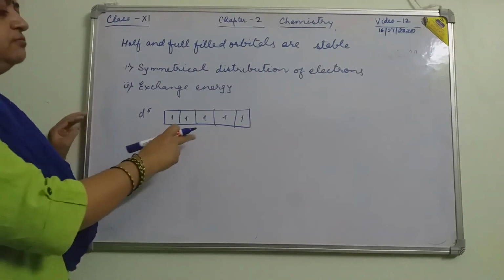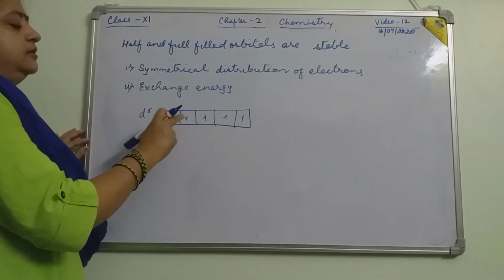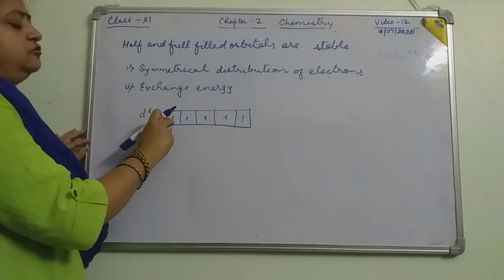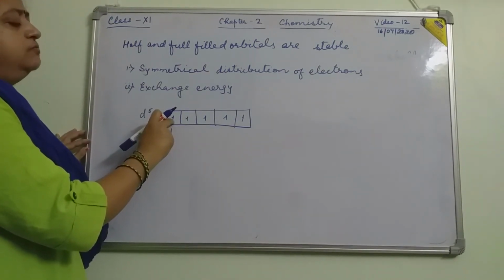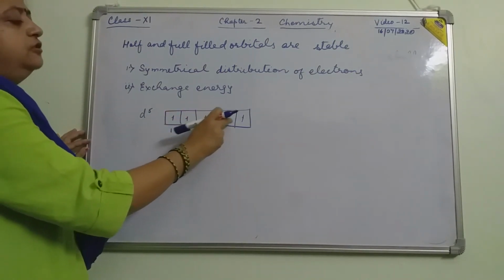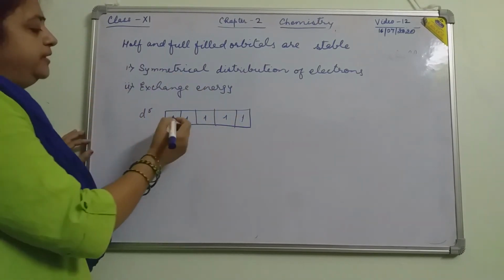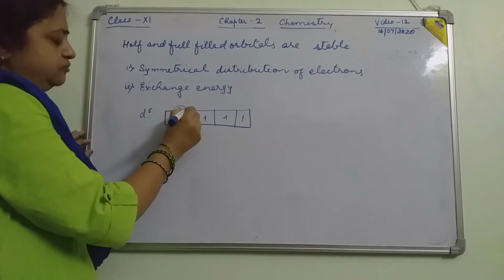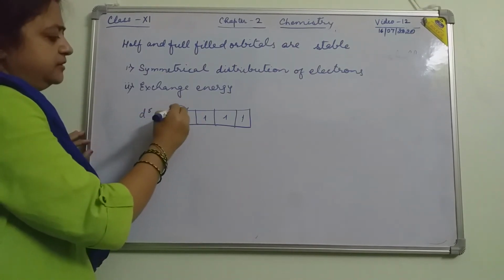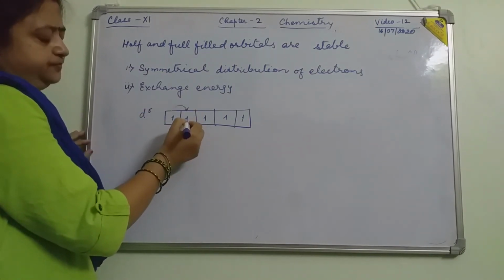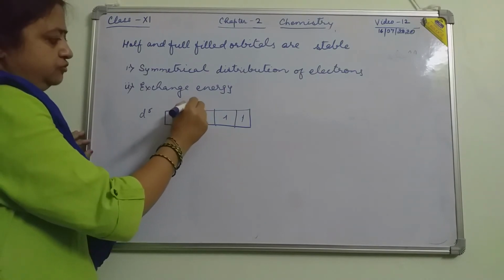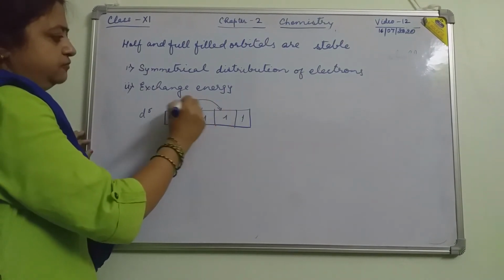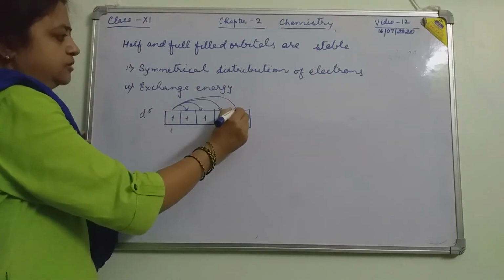If 5 rooms are present, the electron in the first room can exchange with the second, third, fourth and fifth roommates. So this electron jumps to the second room, and this one moves to the third, to the fourth, and to the fifth.